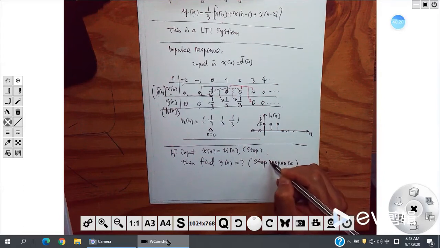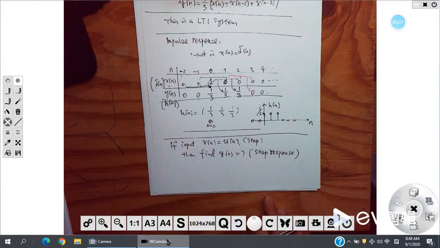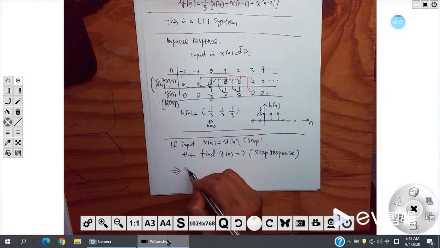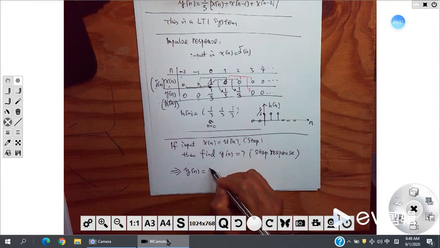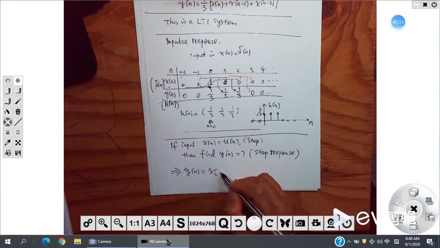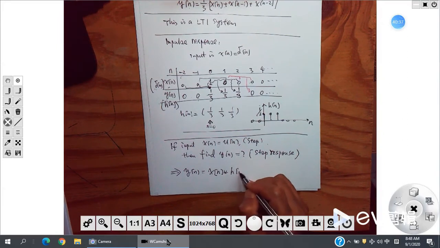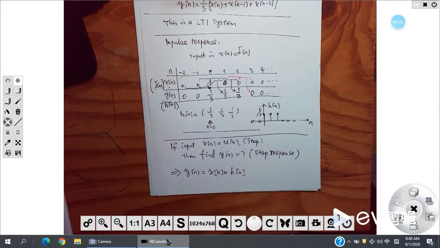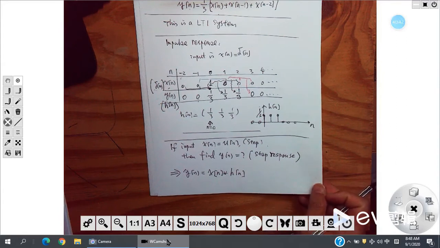The input is a step, and this is the response to the step input. So what is this one? Now we know this must be the convolution of the input with the impulse response. So we need to do some calculation.